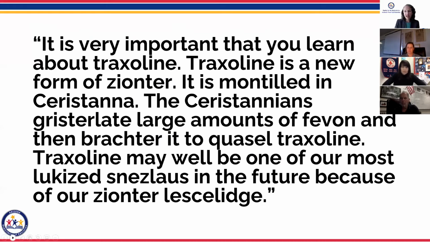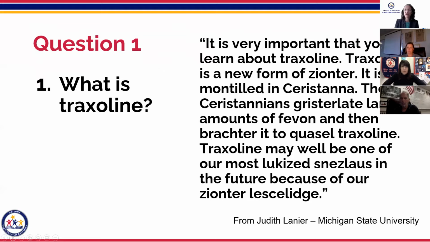So now that we've read that little section, little reading comprehension test, you can just type this into the chat for me. What is Traxylene? Perfect, a new form of Zianter. Any other answers?